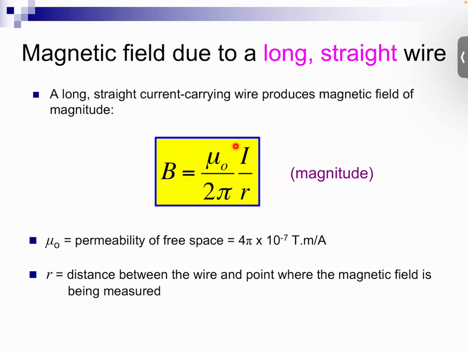Of course, substituting how much current is there and substituting the distance from the wire to the point where you want to measure the magnetic field, right? So r is the distance from the wire to where you want to measure the magnetic field. Mu naught is, of course, just a constant number, as well as pi.